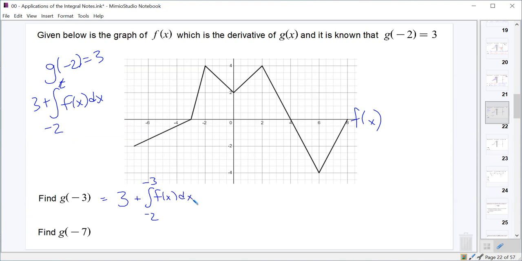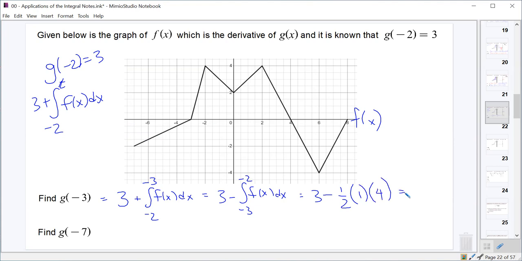So the integral from -2 to -3 is actually going backwards. We don't want to do that. So we'll flip that integral and make this 3 minus the integral from -3 to -2 of f of x dx, which is 3 minus 1/2 of that base, which is 1 still, and the height, which is still 4.